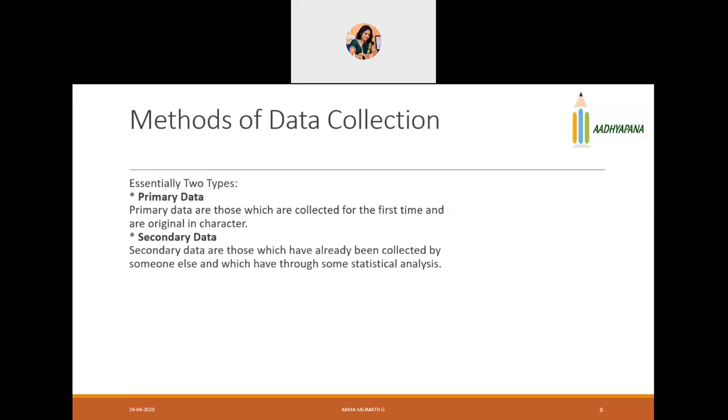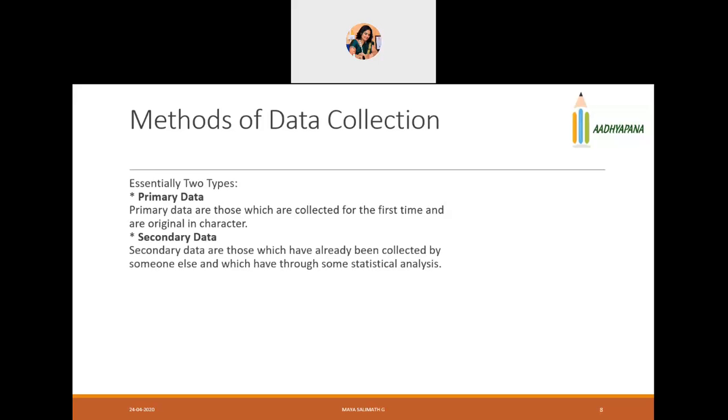Coming to primary data, all the data which are collected for the first time by the researcher, first-hand information collected by the researcher himself, that becomes the primary data. Now, when we tell this to students, that if the data is collected by the researcher himself then we call it primary data, it is not exactly like that.